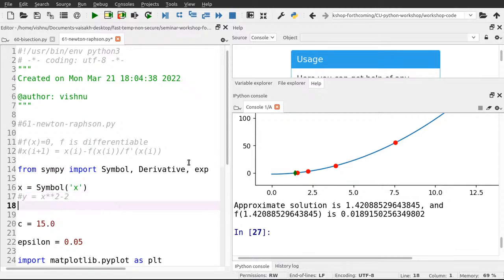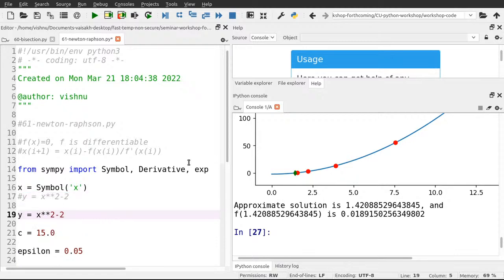Let's change this function to something else. Exponential, instead of x square, let us take 2x, or 3 times e raised to 2x minus 2.